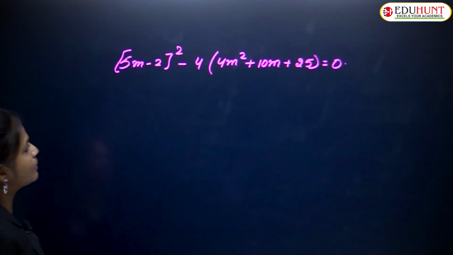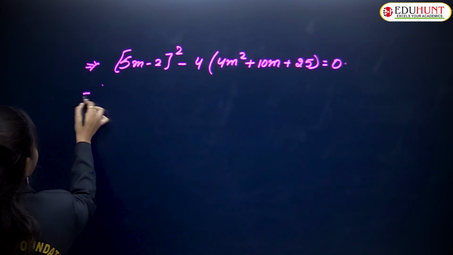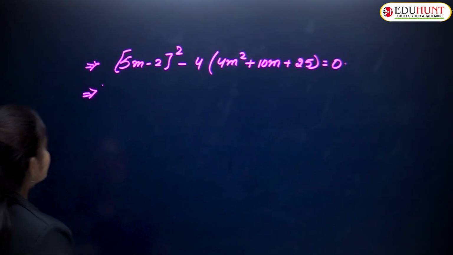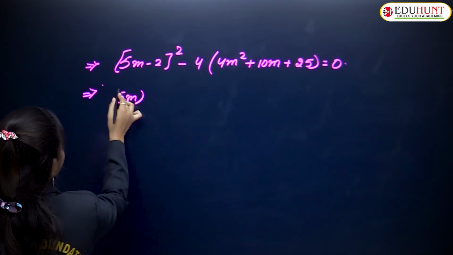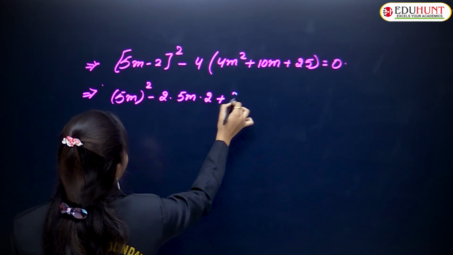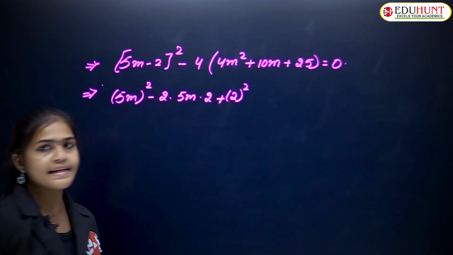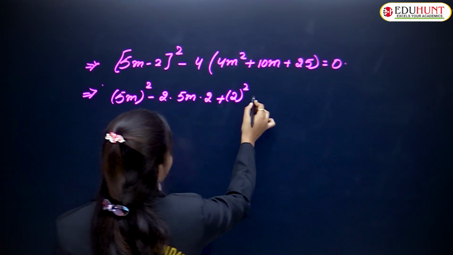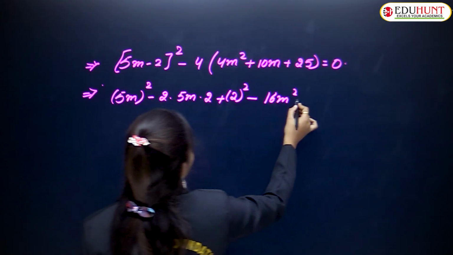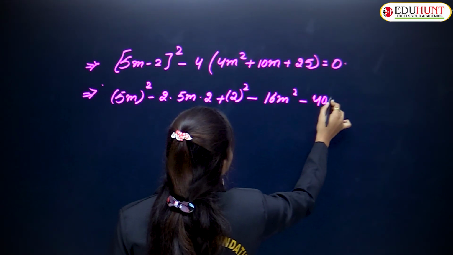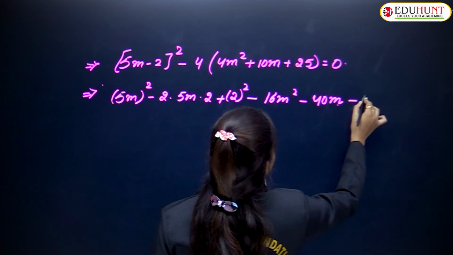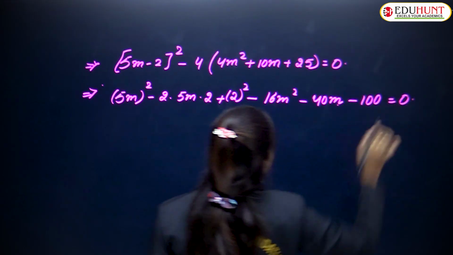Now simplify this. 5m minus 2 whole square means the (a minus b) whole square formula, a square minus 2ab plus b square, minus 4 into 4, 16m square, and minus into plus, minus 4 tens 40m, and minus 25 fours 100, which is equal to 0.